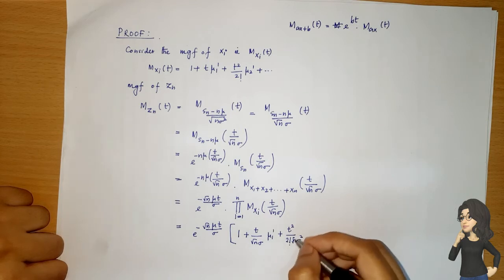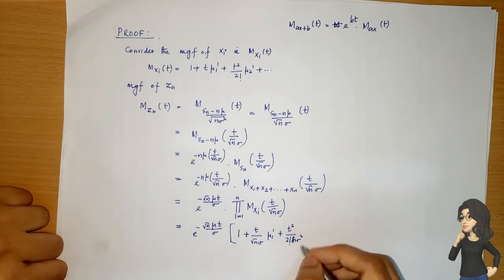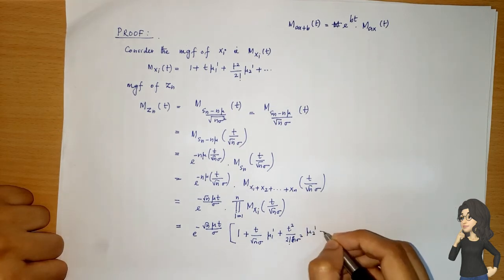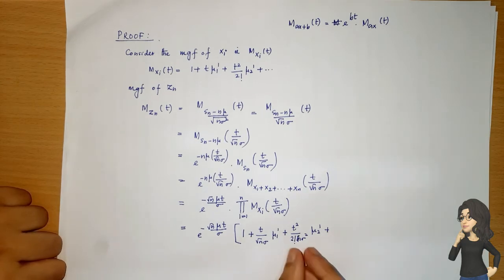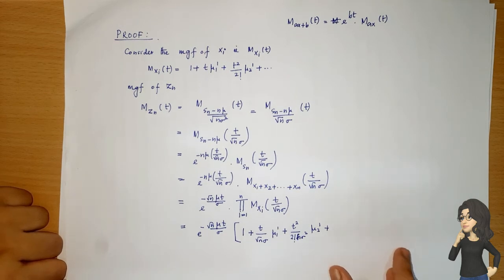Root is there. Instead of this root, there is n square. So n sigma square mu 2 dash plus this is going to increase, isn't it? The denominator term is going to increase. And what we are going to do is, here in the central limit theorem, we are going to look for an approximation.